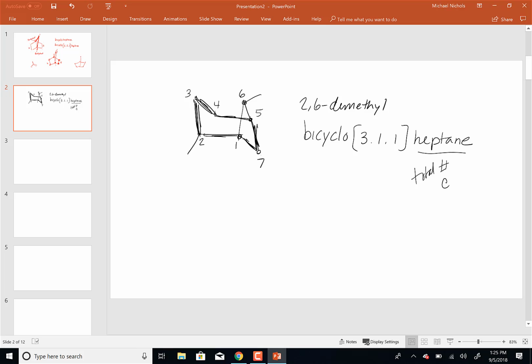And that's the way all naming is done. We choose a parent system, and then we have substituents hanging off of that parent system. With bicyclics, it includes those bridge carbons as well. So the bicyclo-3,1,1-heptane is the parent, and then I've got 2 methyl groups off of that at carbons 2 and 6, is the way we would read it.